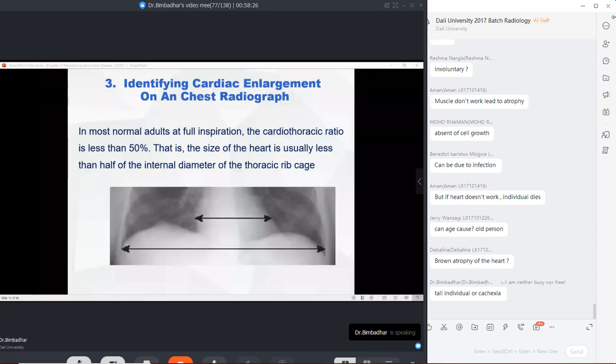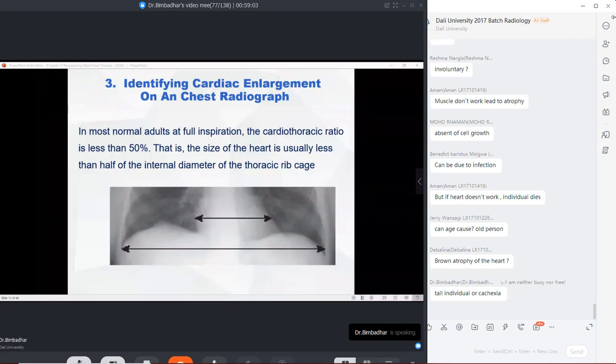Brown atrophy of the heart has a different pathology, but it does not cause a complete reduction of the cardiac size that is apparent. No, it is not like that. The whole atrophy of the heart by misuse, by definition, doesn't happen. Tall individuals and cachexia patients generally present with a condition where the heart looks long.